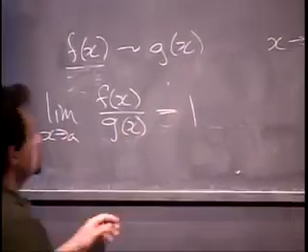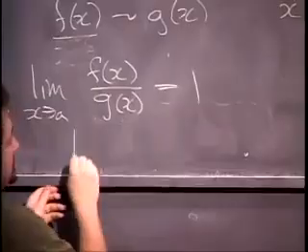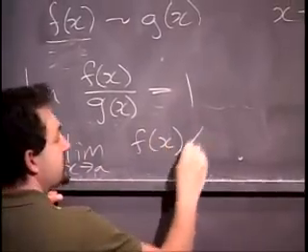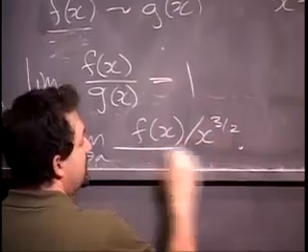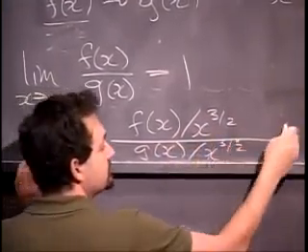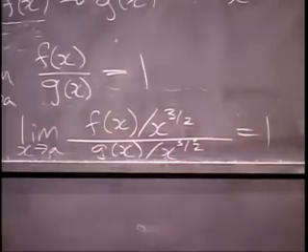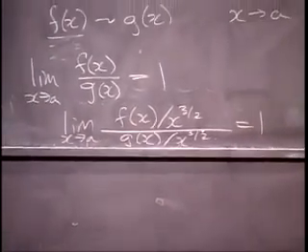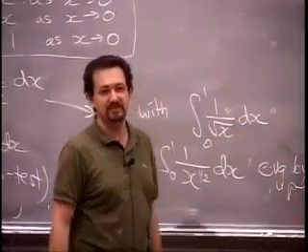But this is also true if you replace this by f of x over x to the 3/2 divided by g of x over x to the 3/2. After all, they just cancel out. So that's why you can multiply by the same quantity, because the asymptotic means that the ratio is near 1. And if you have the same thing on both sides, it just goes away.